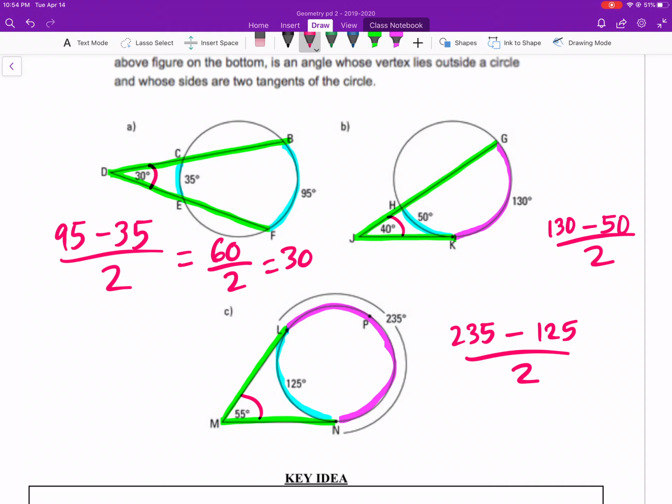So it's sort of like an average with the intersecting chords that we talked about, but not quite an average because the operation is subtraction. Last time with intersecting chords for the angles, we added and divided by 2. Now we're subtracting and dividing by 2.